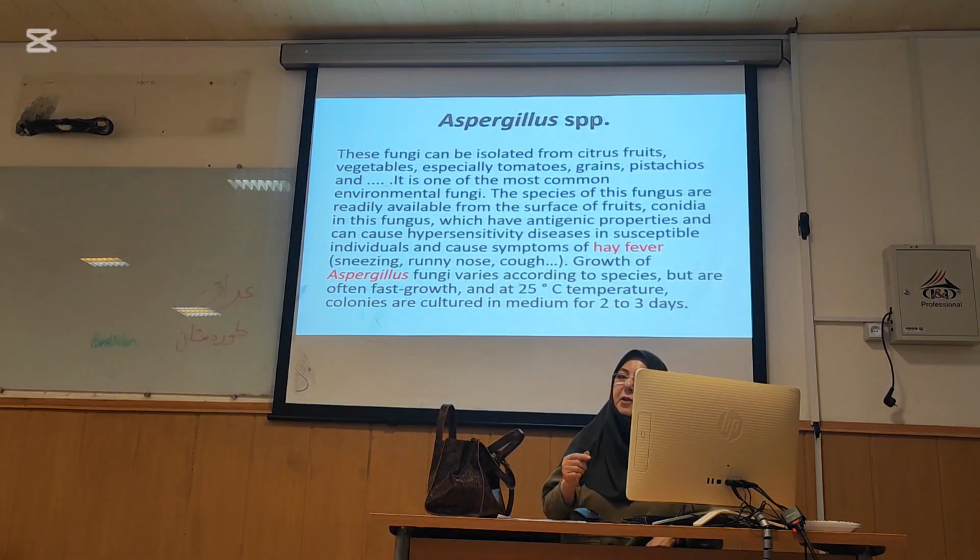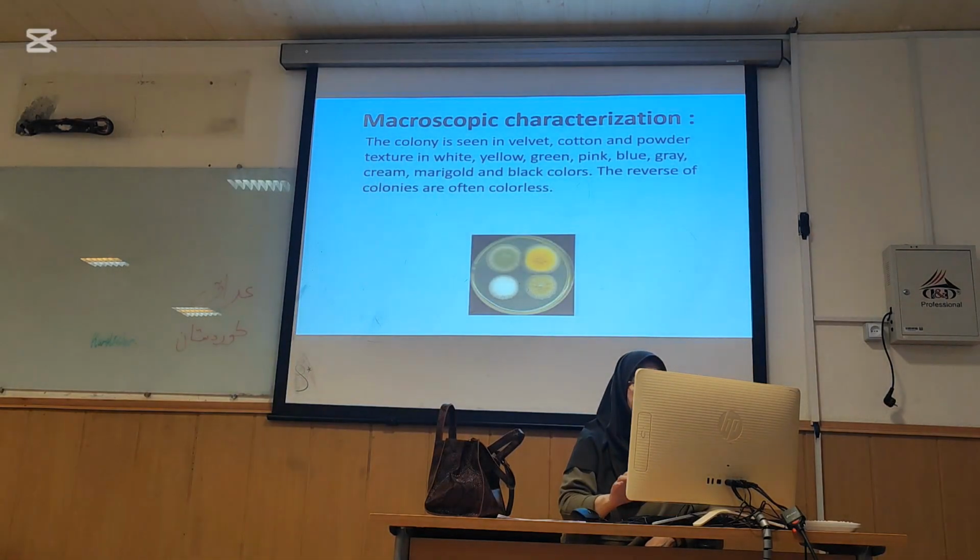And the growth temperature for all of the saprophytic fungi is about 25 degrees centigrade, like room temperature. Colonies are cultured in medium for 2 or 3 days because they are very fast.